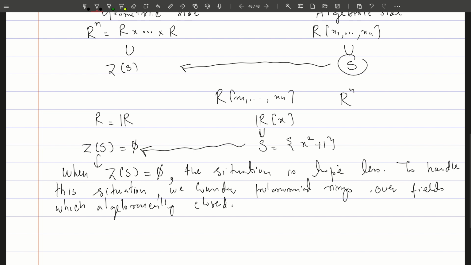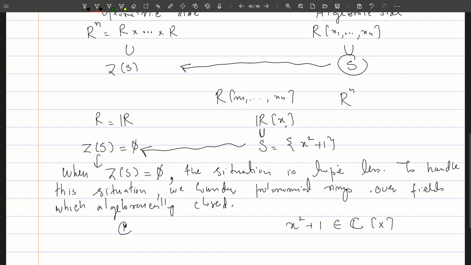One can note here the field R of real numbers is not algebraically closed. Now if we consider the same polynomial but in the polynomial ring C[x], the polynomial ring over the field C, then the zero set of S is non-empty.